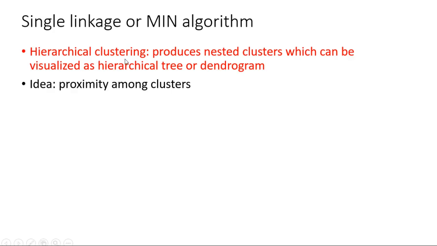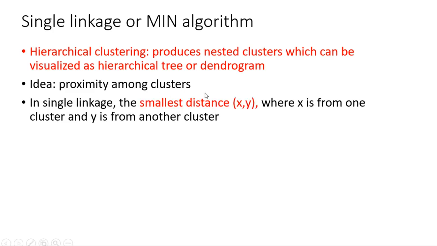Basically, in hierarchical clustering, which I introduced in the last session (the link is given in the description box), we produce nested clusters, and finally we visualize the clusters in the form of a hierarchical tree or dendrogram. The idea behind single linkage is proximity among the clusters. We find the proximity among the clusters using the minimum distance algorithm.